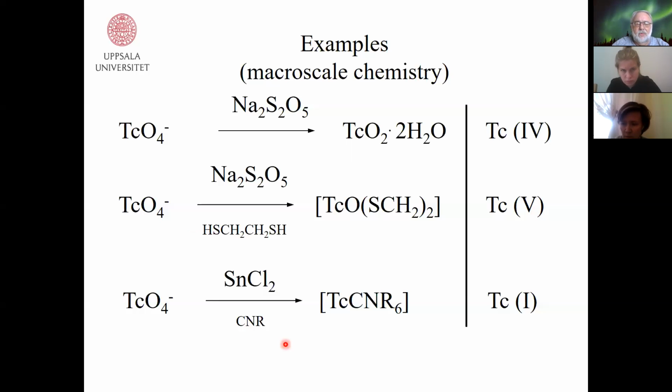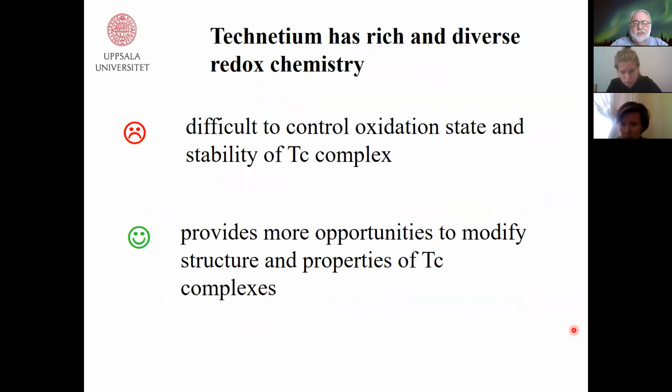If you use another reducing agent and another ligand, you could reduce it down to technetium 1. So the reaction condition and chemical environment determine the fate of technetium during reduction. So that's all about technetium chemistry.